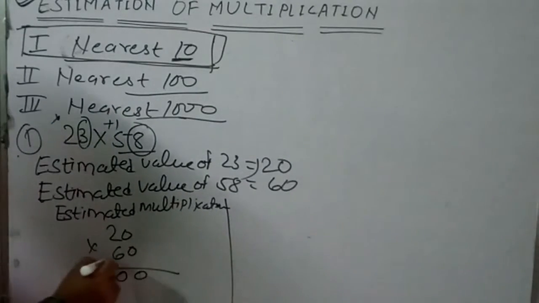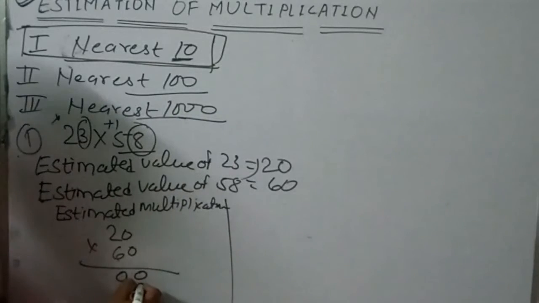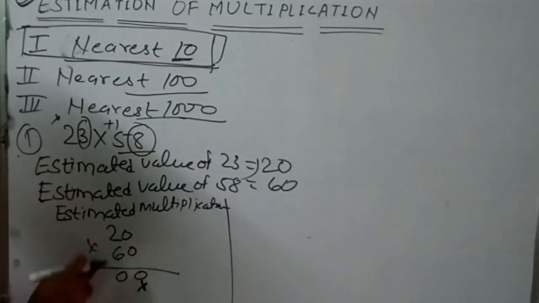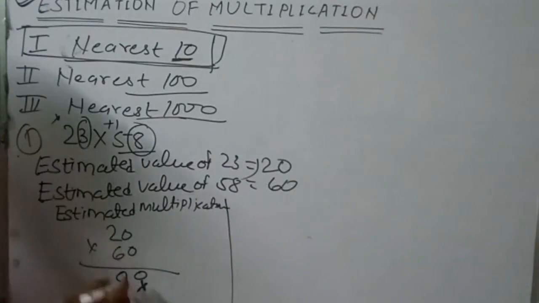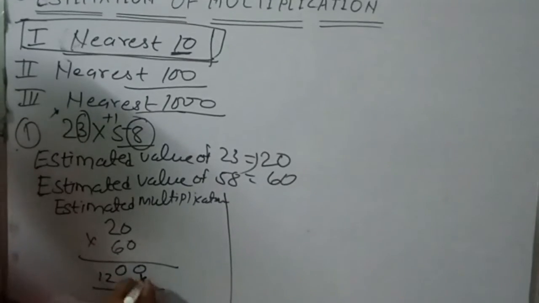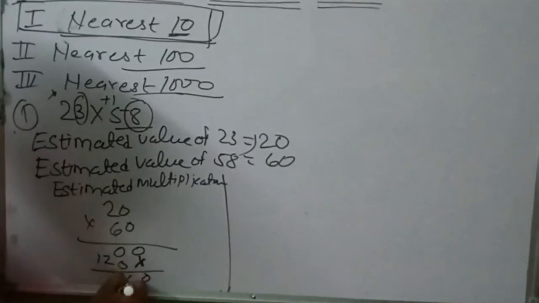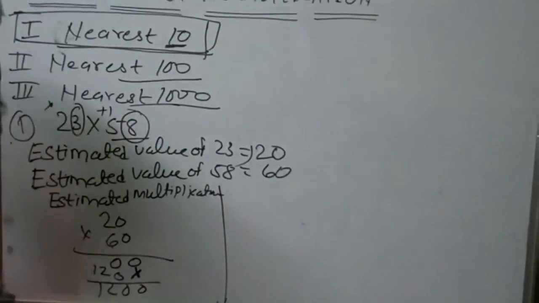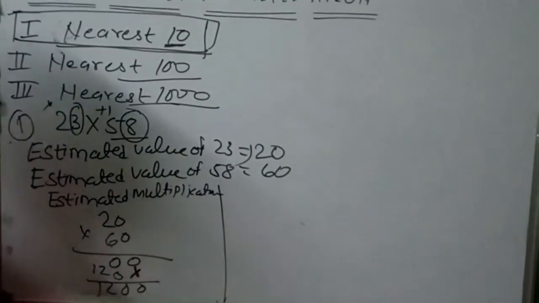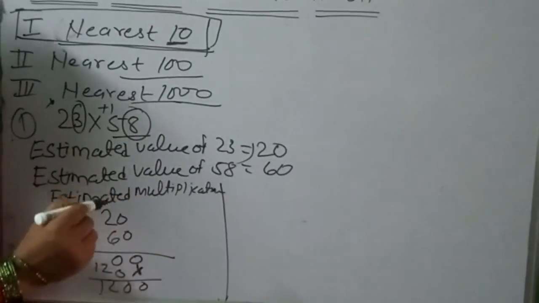After that, we multiply with 6. First put the cross down, and then multiply. 6 zeros are 0 and 6 twos are 12. Then it will be 0, add the numbers 0, 2, 1. This one is 1200.